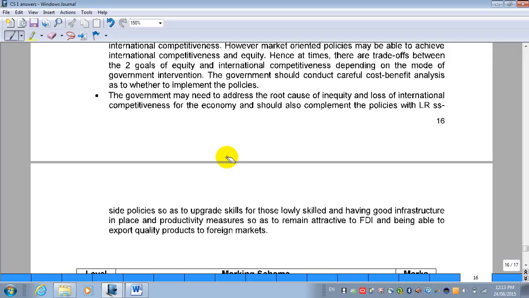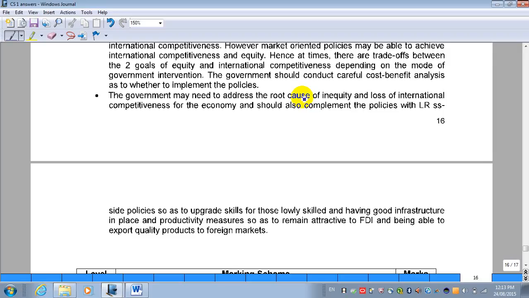And it'd be very good if you can tell me exactly what the root cause of the problem is and how the policy that you use can solve the root cause of the problem. For example, in essays that we talk about for inflation, let's say Singapore faces import price push inflation. That is the root cause of our inflation, for example.